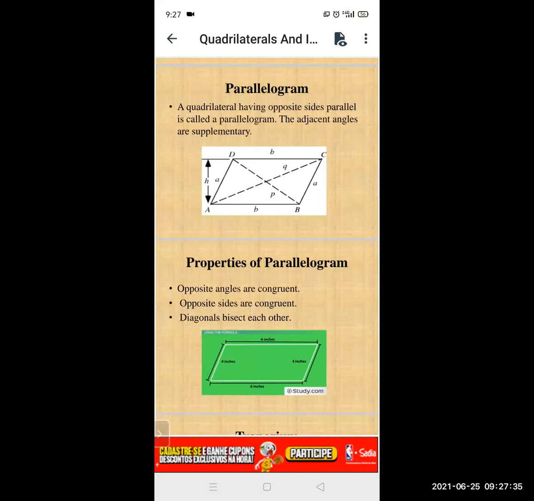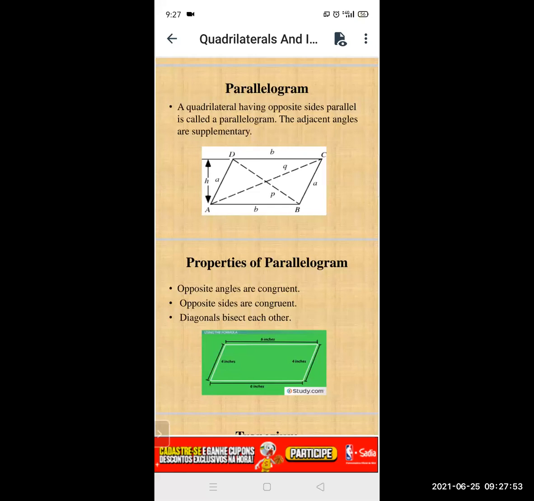So the main important part of a parallelogram is that the opposite sides are parallel and the same. Parallelogram, parallel. So you can link it like this also. In a parallelogram, opposite sides are parallel and the same.